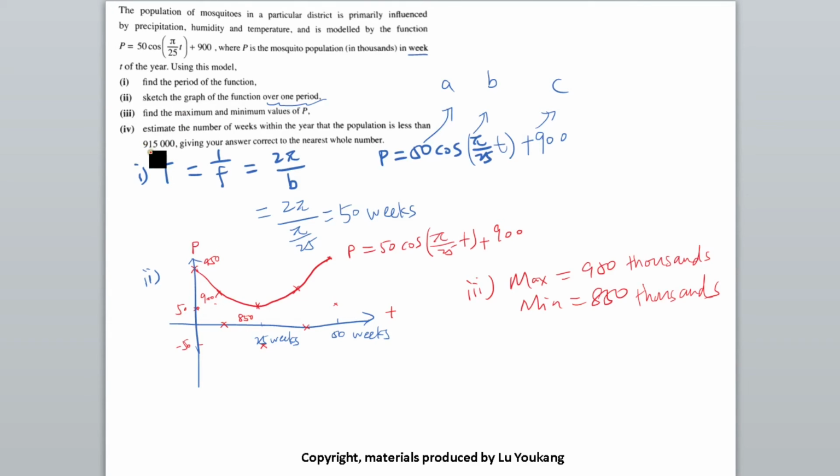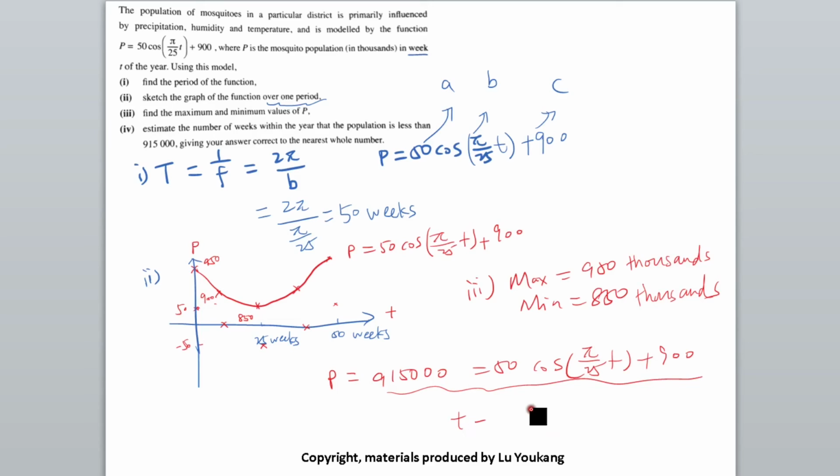So what it means here is let's equate this P to 915 thousand. So therefore, your left hand side is 915,000 equals the right hand side, 50 cosine bracket pi over 25t plus 900. So let's go ahead and solve for t.